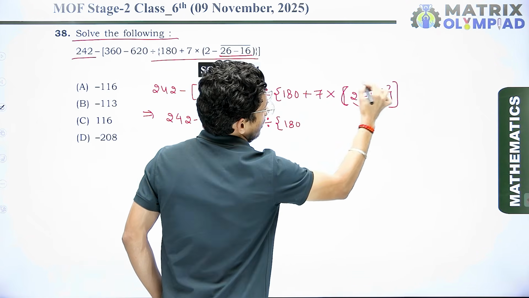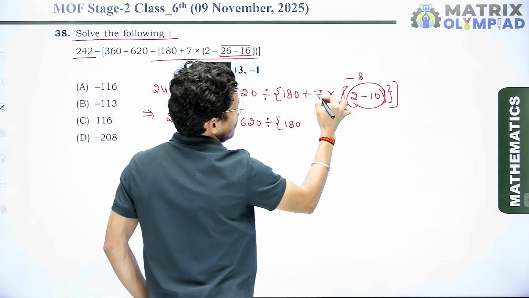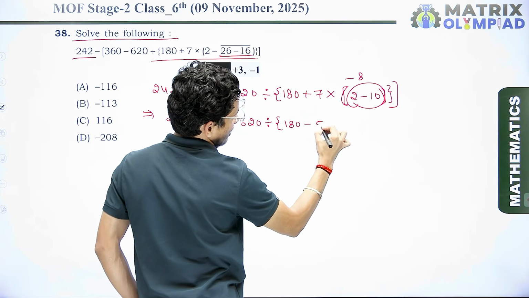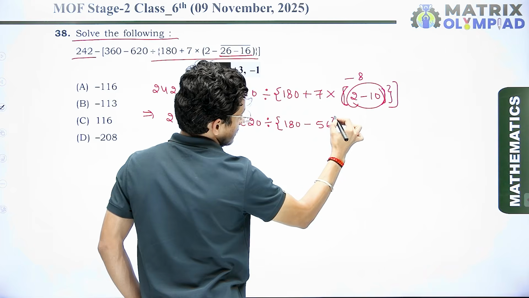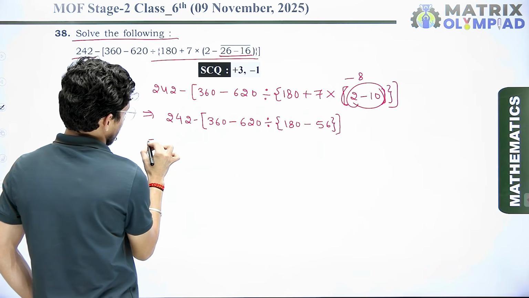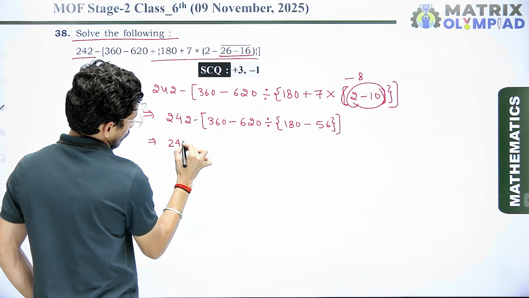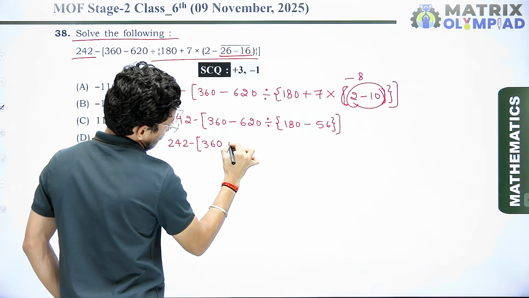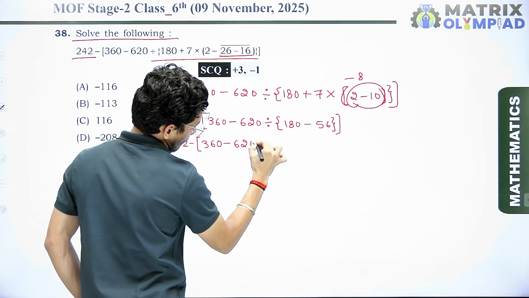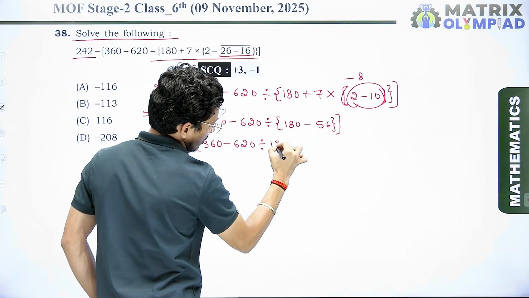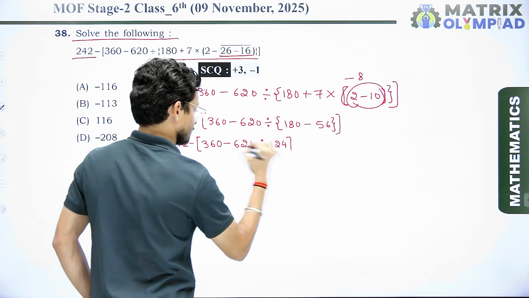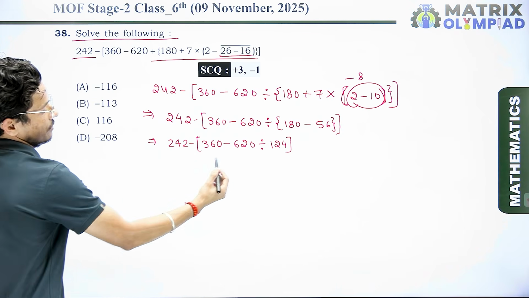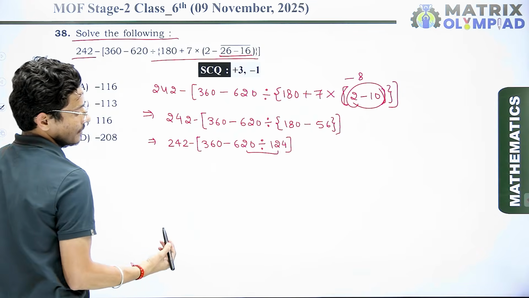When I simplify it, here we get minus 8 and 8 sevens are 56. So here we get minus 56. Again I can write 242 minus 360 minus 620 divided by 124. First we have to simplify this one. So here we get 5.